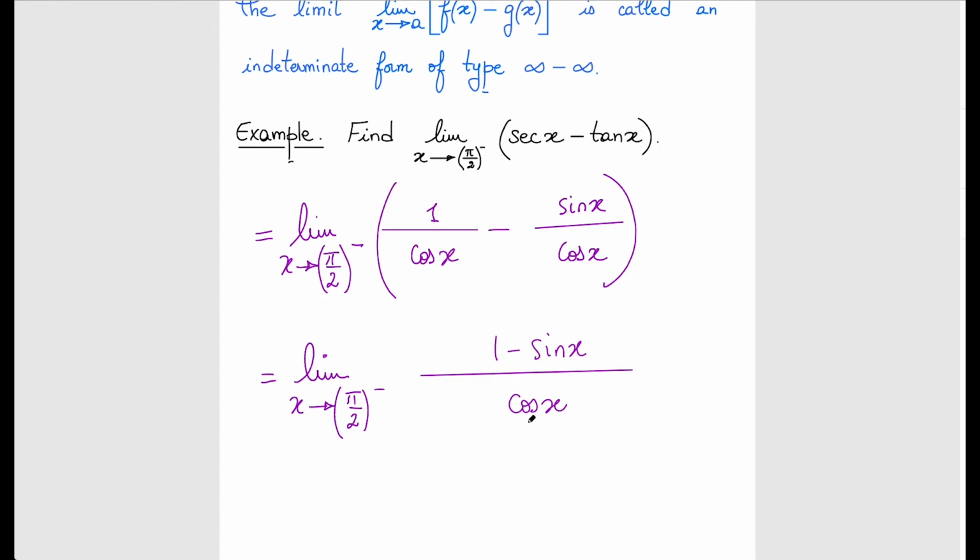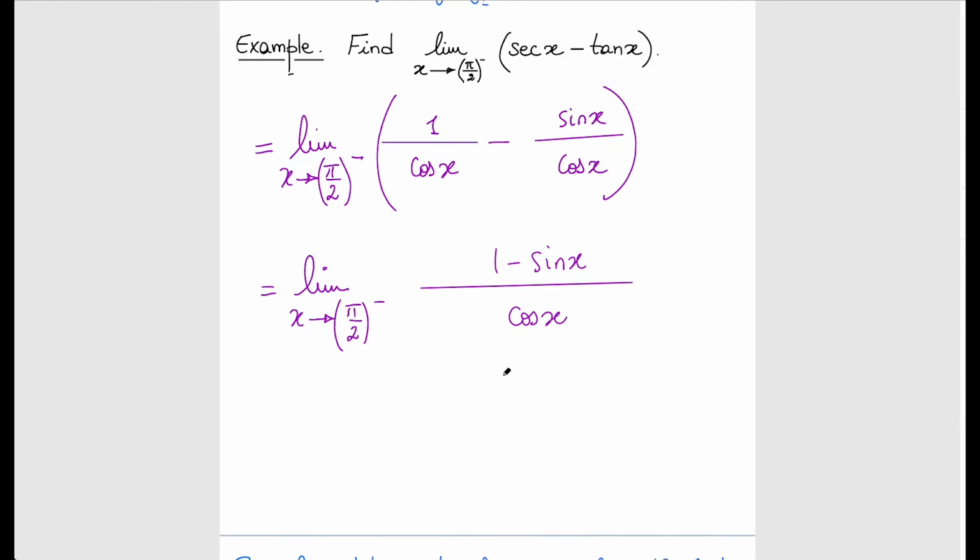Okay, so L'Hopital is applicable here, so you can apply it, and as such, you obtain the limit as x goes to pi over 2 from the left. If you differentiate the function upstairs, that's minus cosine of x.